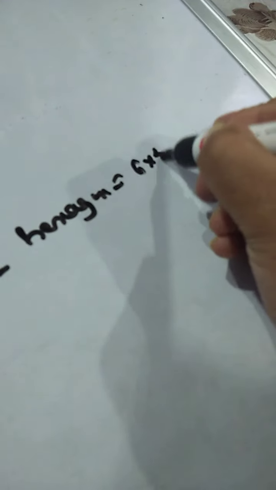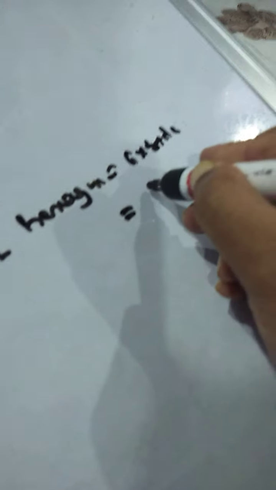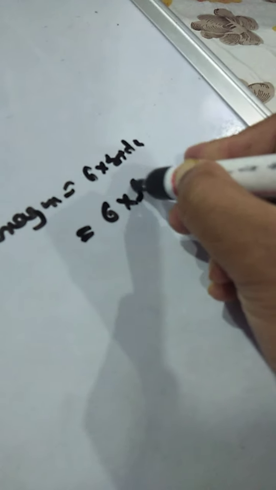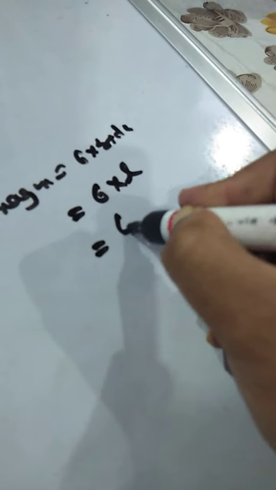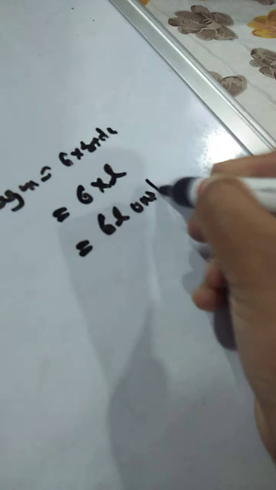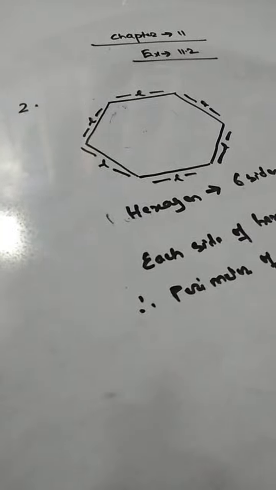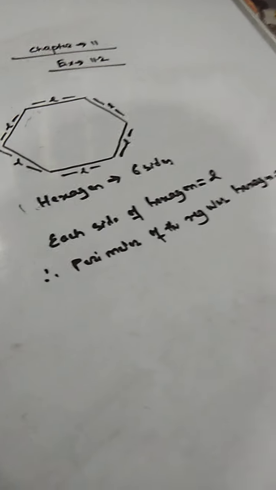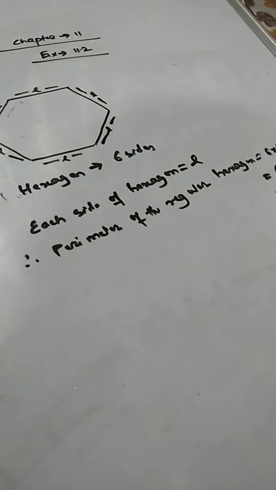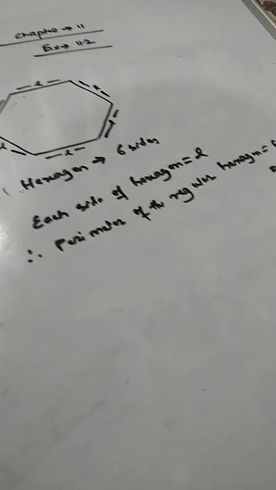How many sides? 6 into side. And what is the measure of each side? That is L. So 6 into L is 6L units. This is the solution of sum number 2. I hope you're finding this all easy. Now let's move on to sum number 3.